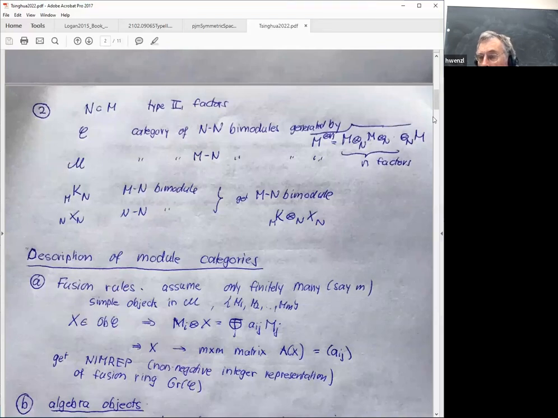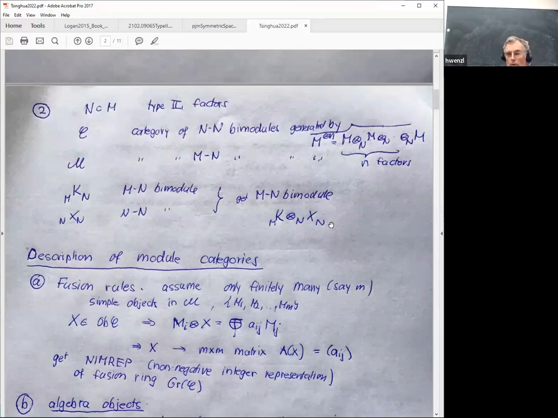Obviously, we have left and right actions on these. There is also a very obvious right module action, because if we tensor an M-N bimodule by an N-N bimodule, we get again an M-N bimodule. So this is again, at least in principle, a pretty easy example.